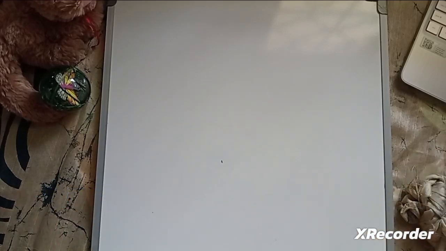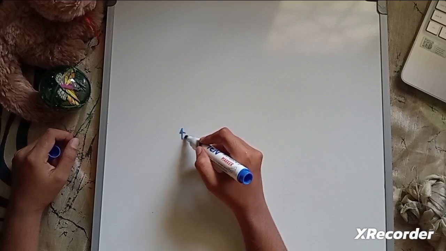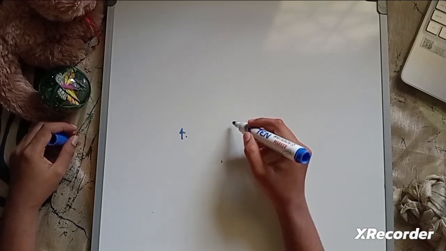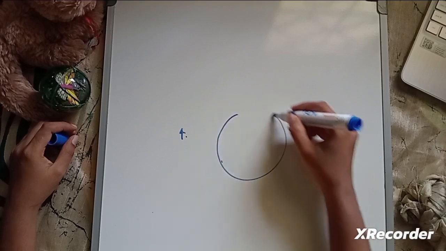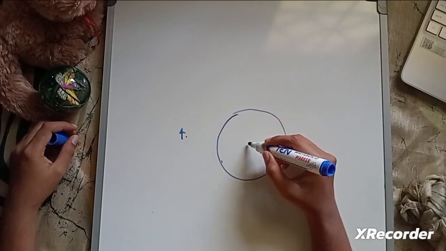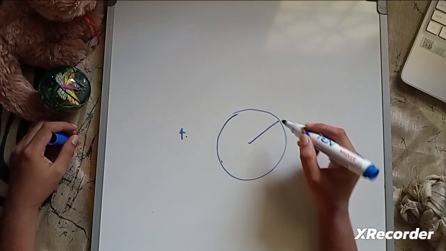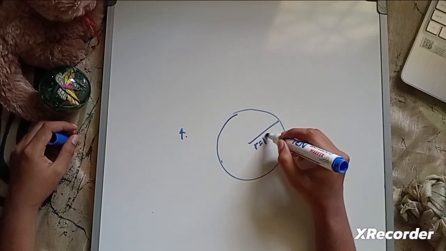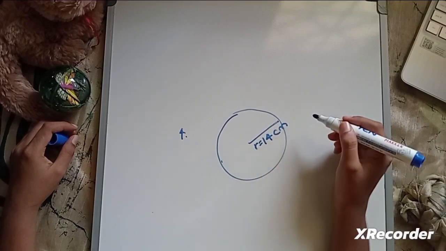Then the fourth question, a sector of central angle 45 degrees has been cut out from a circle of radius 14 centimeters. So this is the circle. The radius of this circle is r equals 14 centimeters.